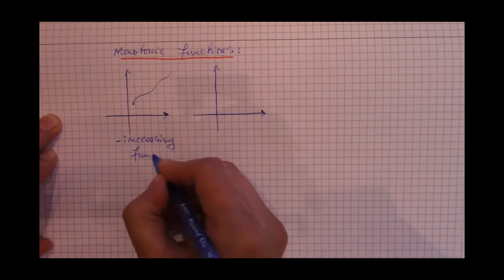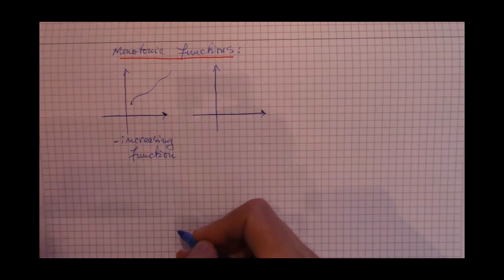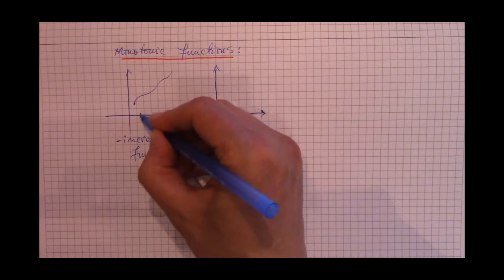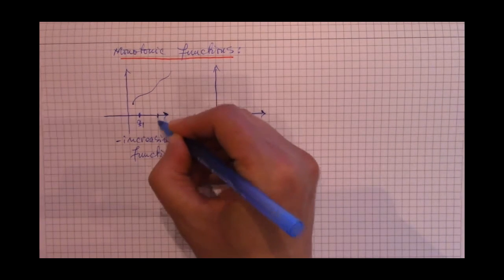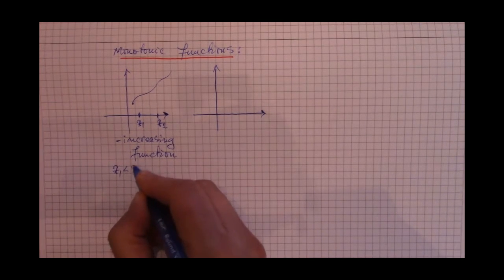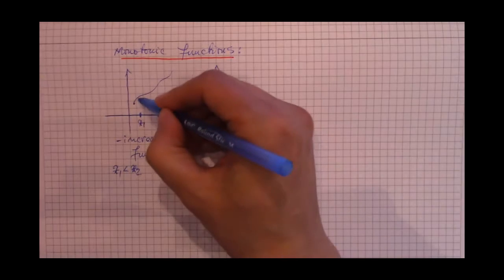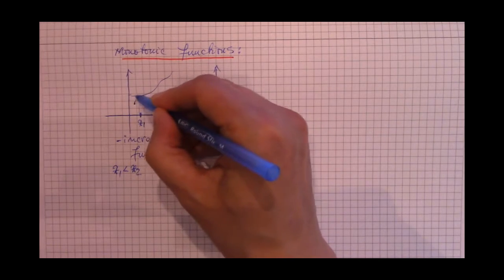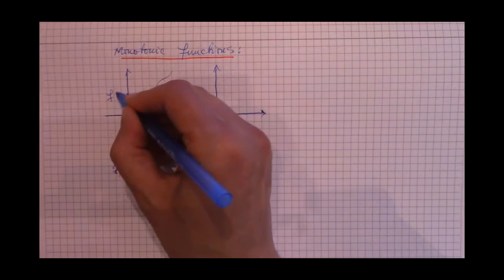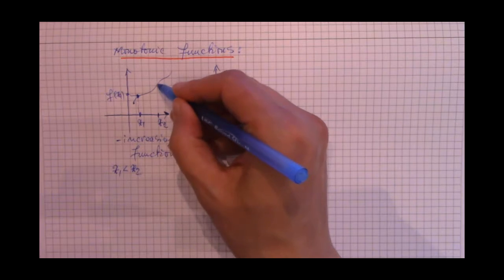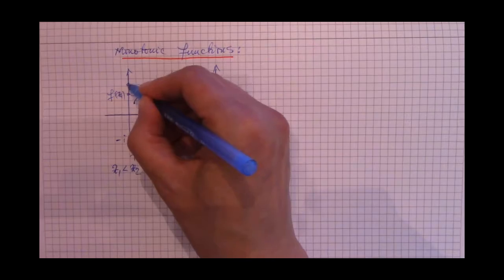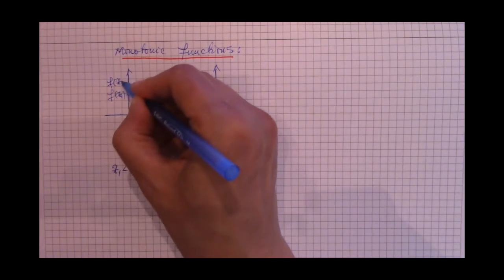Increasing function. Now, how do we actually write this into math? We write it like so: given 2 points, x1 less than x2, we've got this particular point on the graph of f, whose y-coordinate is f of x1, and this other point on the graph of the same function, whose y-coordinate is f of x2.